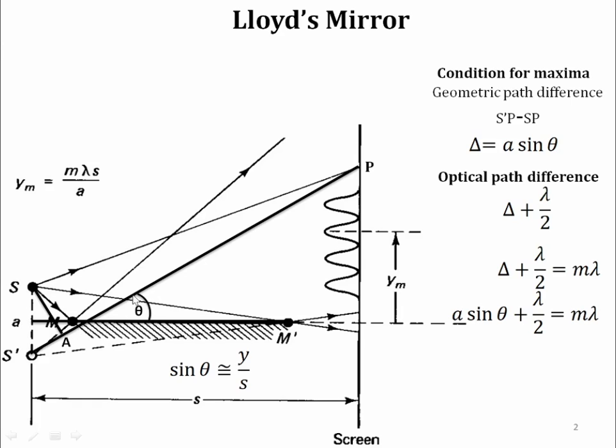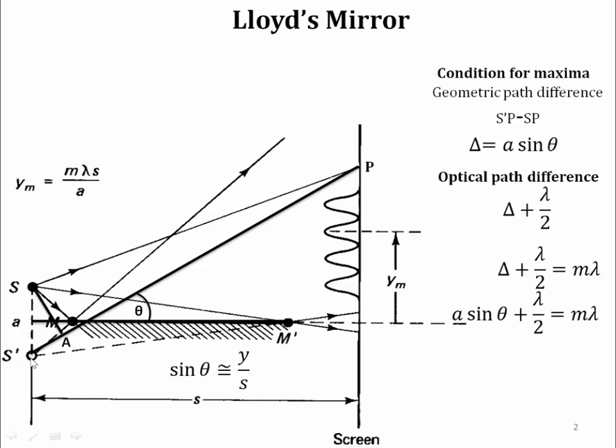What are the circumstances which can lead to theta being small? If you reduce the size of the screen, obviously the point P will lie somewhere on the screen, and then theta is going to be small. So the size of the screen is very small, it's not a very big screen. In that case, the hypotenuse is almost the same, or very near to the value of the separation of our screen from these two sources, or the line containing these two sources.